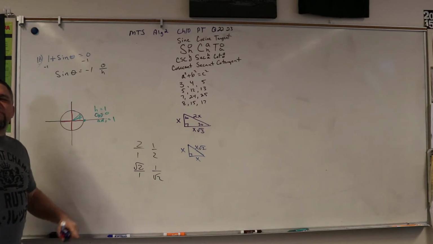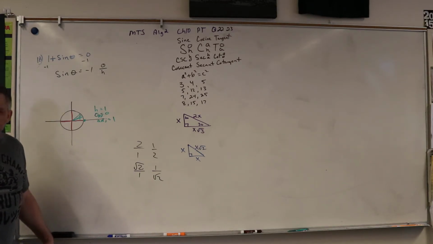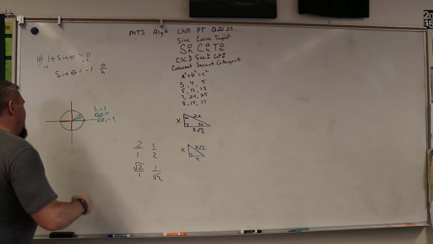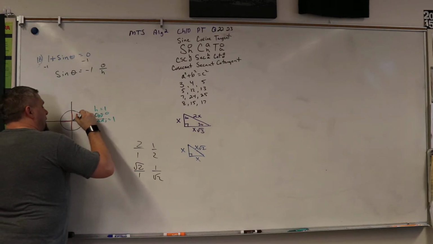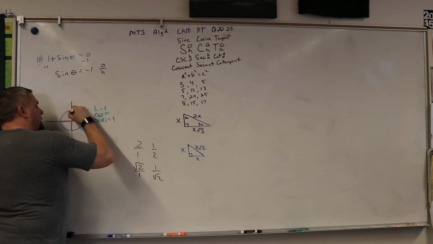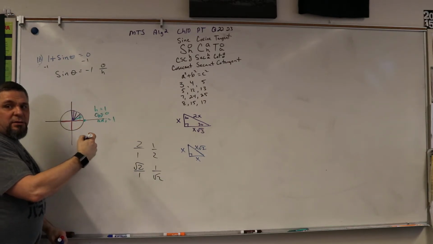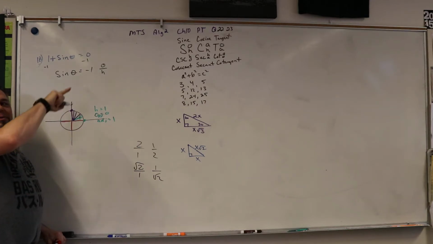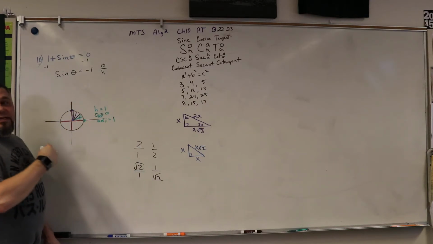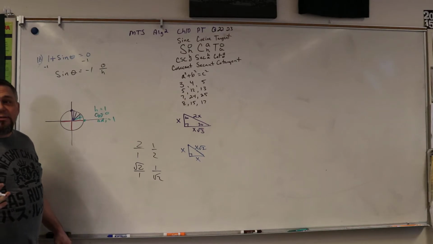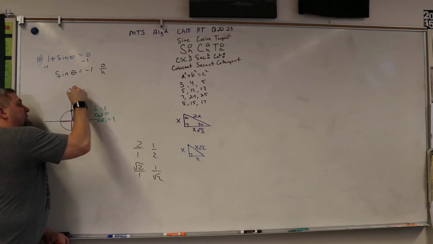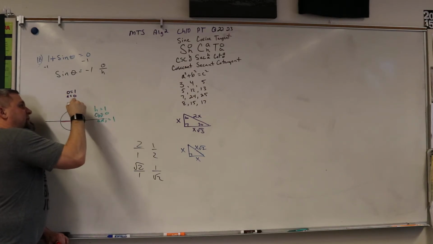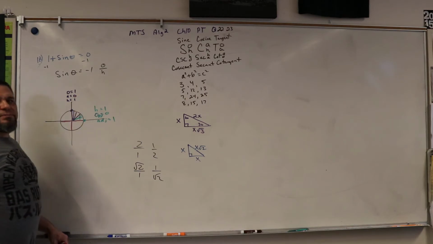We want the opposite side to be 1, so I want the opposite side to get bigger and bigger until it's 1. At this point, the opposite is 1, the adjacent is none, and the hypotenuse is 1.